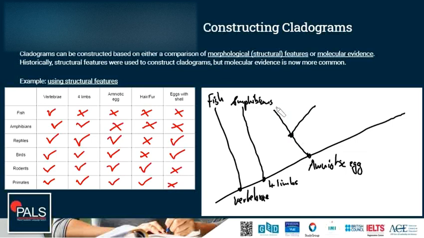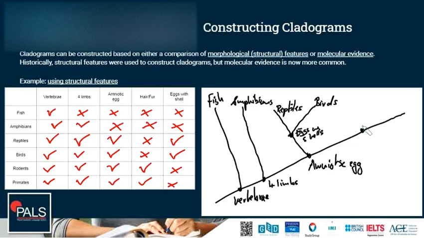So here we can put the reptiles and birds, and what do we have here? Their common ancestor had eggs with shells.